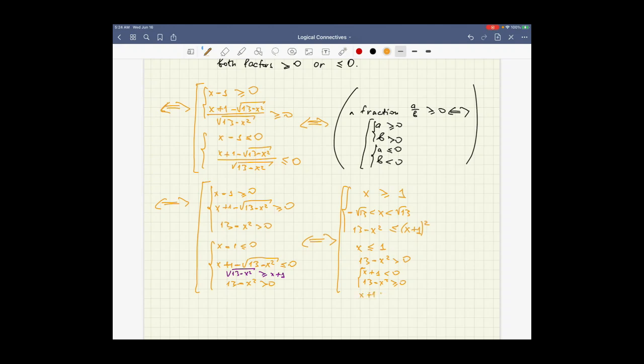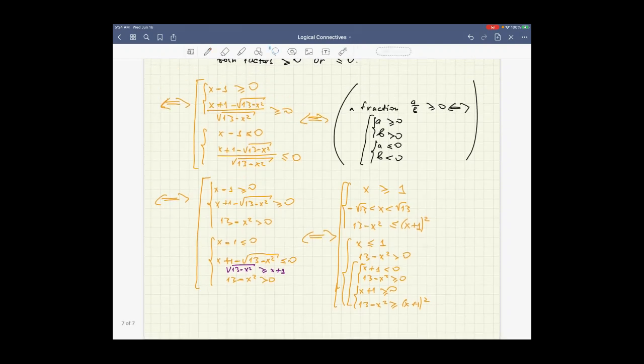On the other hand, when x plus 1 is greater or equal than 0, we can square. So don't get too discouraged by how complicated the system is. It's not actually that much complicated. Let me copy this to the next page.